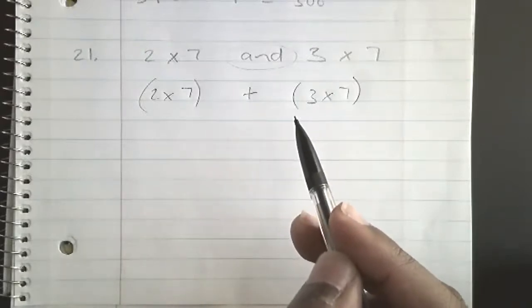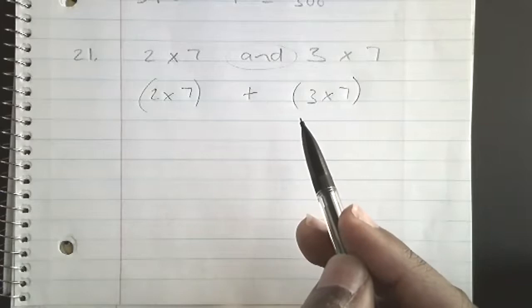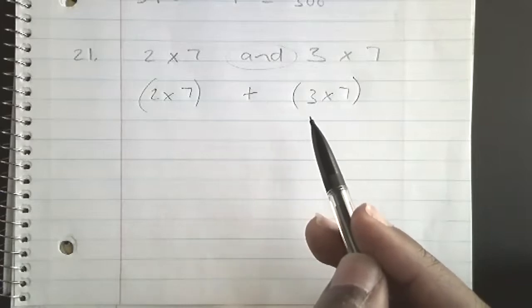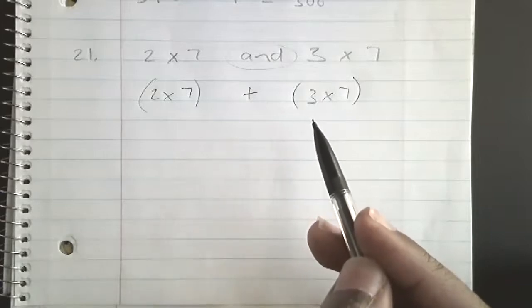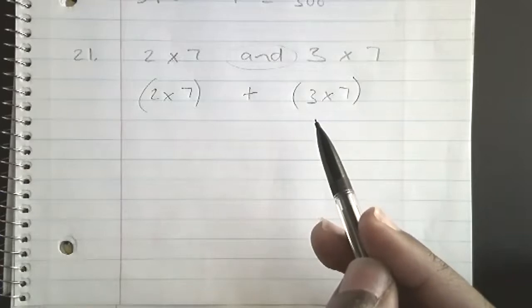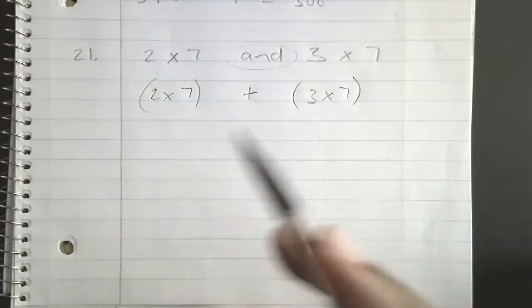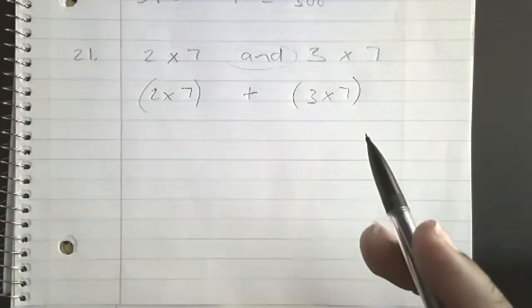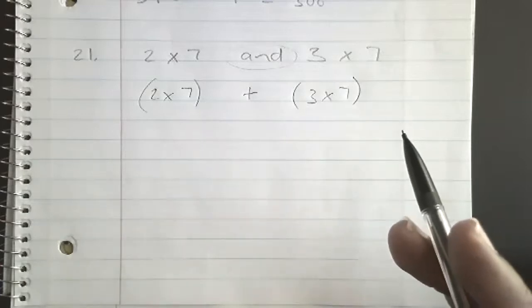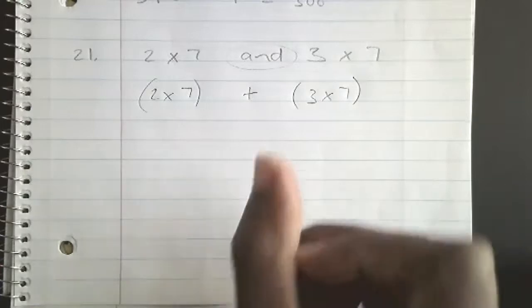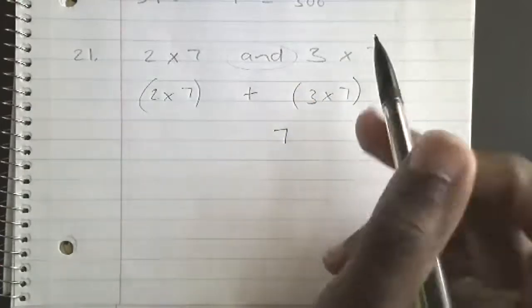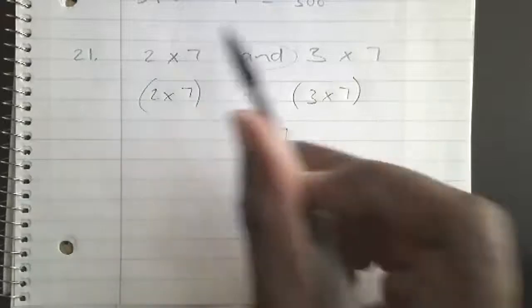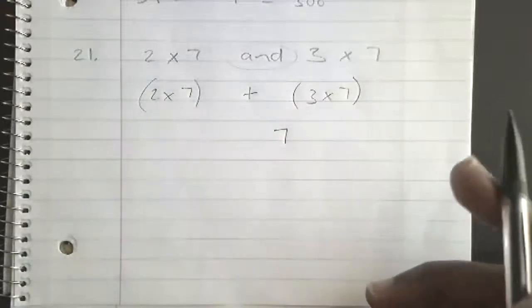Now it's asking us, what was the large array? Remember, there's always one number that stays the same, and there's one number that's broken down into addition, okay? So all we need to do is multiply those, add those numbers, and then multiply those numbers, okay? One number stays the same, and we see that it's the 7, okay? Because that 7 is in both problems. So the 7 is the one that stayed the same.